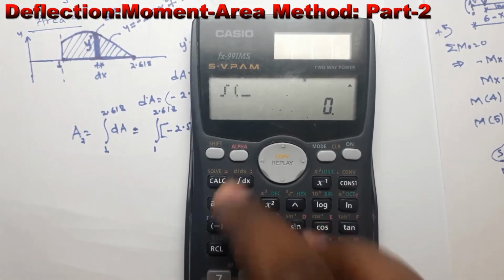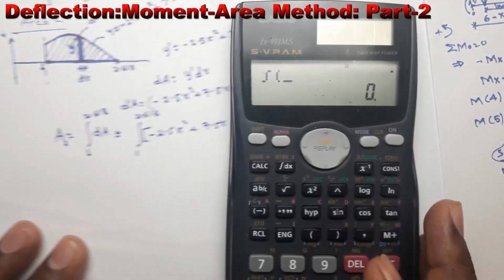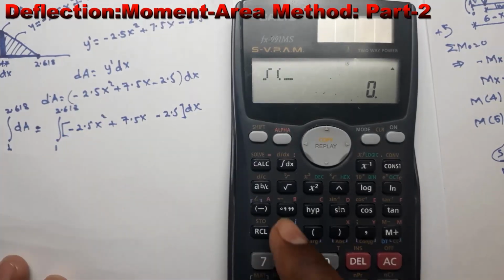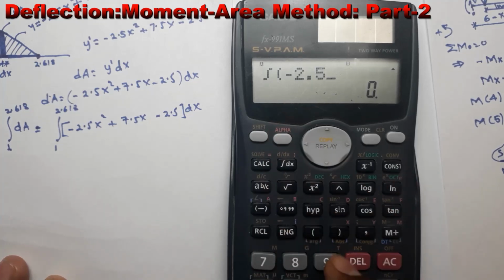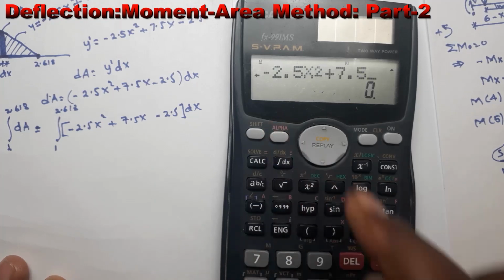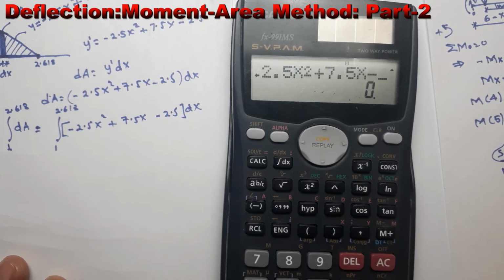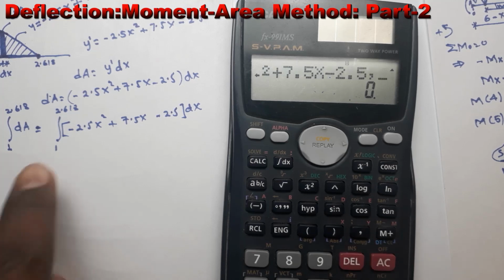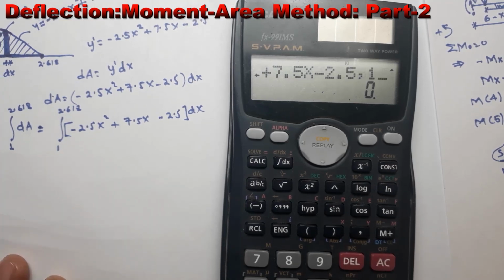Let me substitute the function, negative 2.5 x squared plus 7.5 x minus 2.5, integrated from 1 up to 2.618.